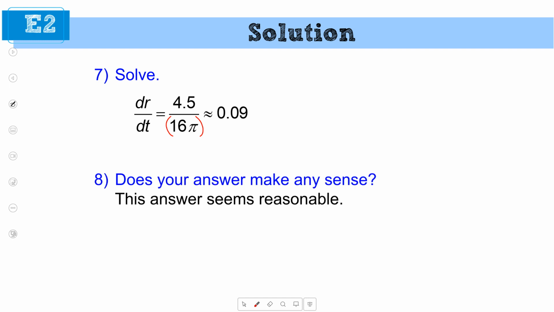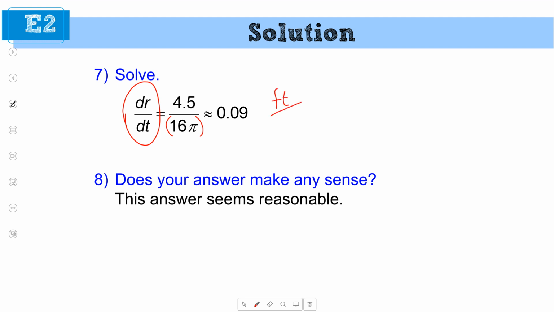Now the units. I'll show you a trick on how to find the units. Some of you might know already. But the units can be found by looking at what we're solving for. We're looking for dr over dt. What are the units of the radius? Feet? Okay.